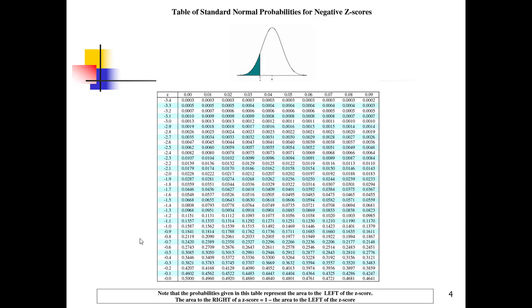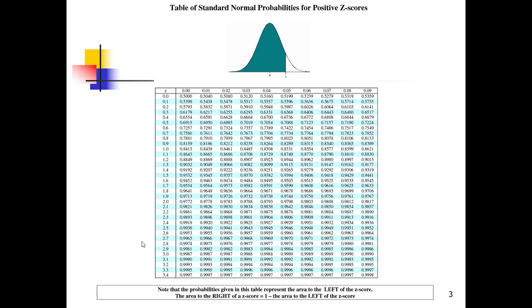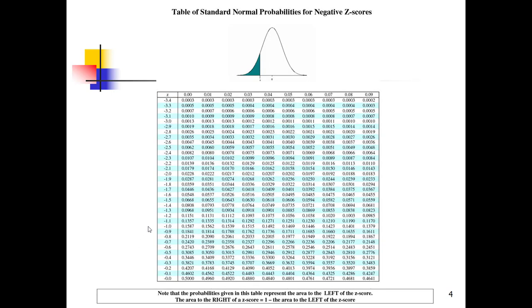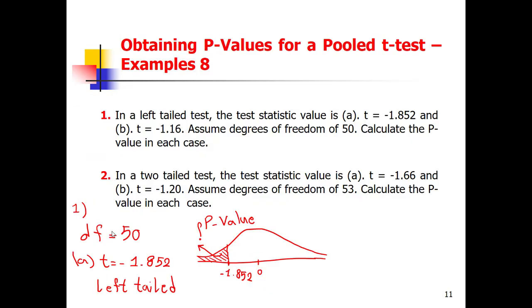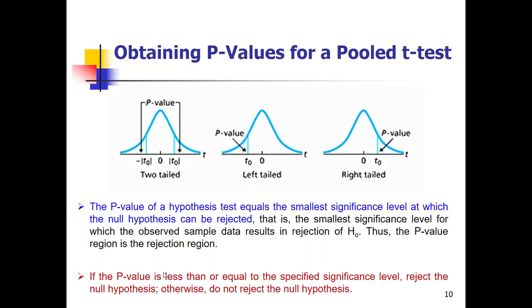We have to go through the z table. My t is negative, so it's minus 1 point something. So I can look at this table. I need to find the area on the left of my t. So my t is minus 1.852.